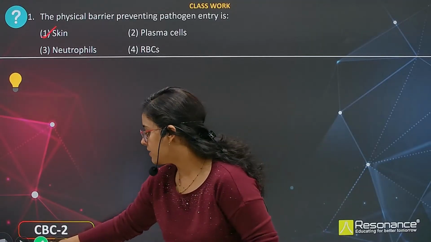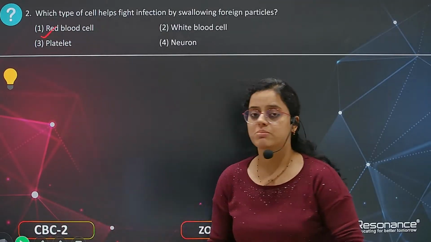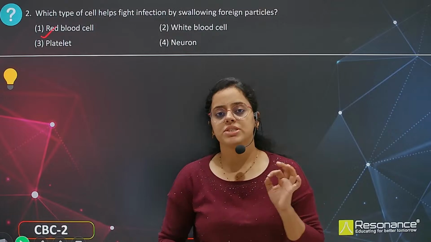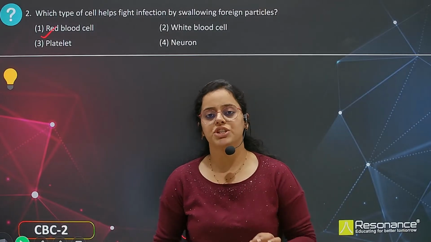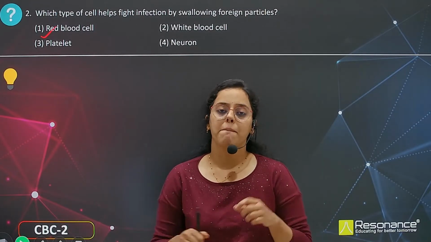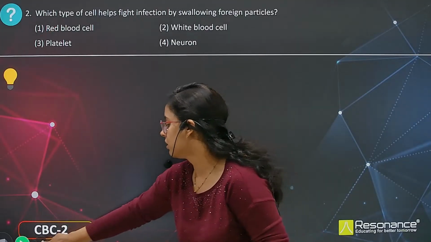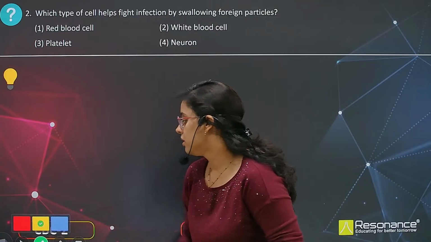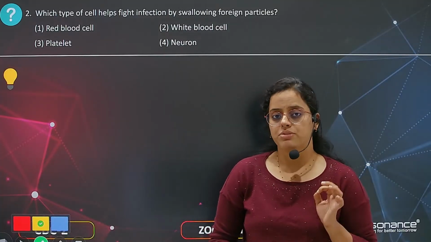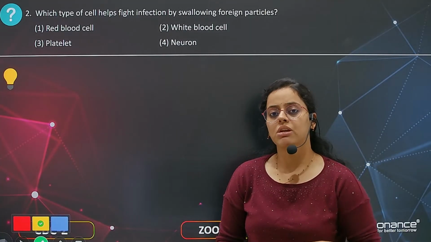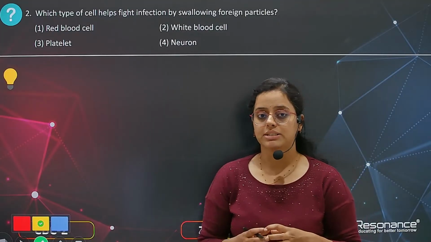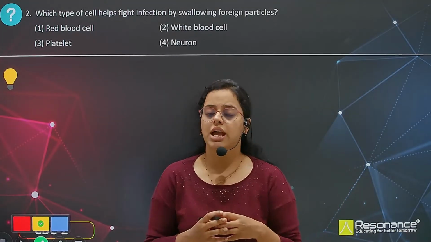Now let us go to the next question. Question number 2. Which type of cell helps fight infection by swallowing foreign particles? Let me erase the board. The type of cells that fight infection by swallowing foreign particles means phagocytosis is happening.